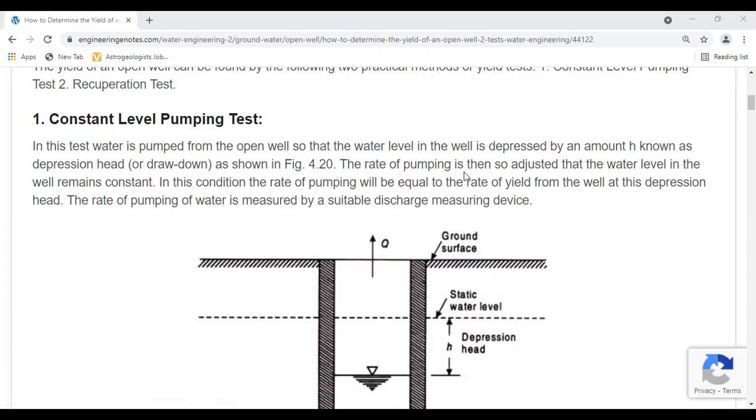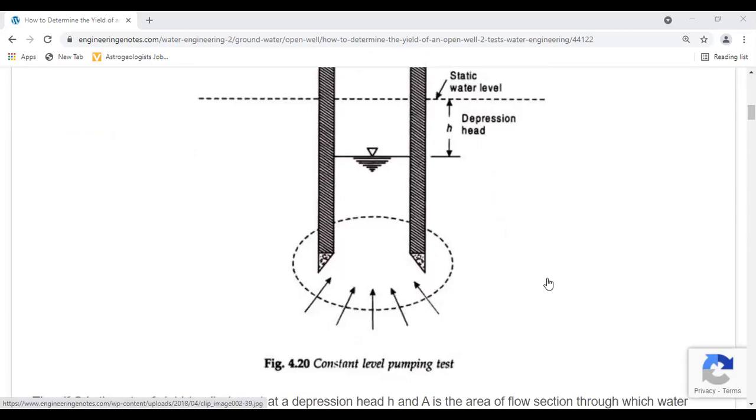The rate of pumping is then adjusted so that the water level in the well remains constant. In this condition, the rate of pumping will be equal to the rate of yield from the well at this depression head. The rate of pumping of water is measured by a suitable discharge measuring device.